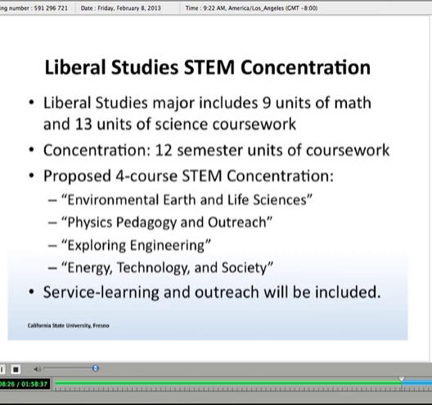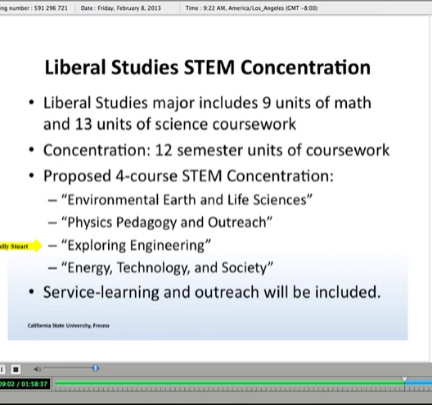A concentration area consists of 4 courses: a lead-in course from the major, and 3 electives. And our team is currently considering the 4 courses shown here for the new concentration. We see environmental, earth, and life sciences; physics pedagogy and outreach, which you'll hear a little bit more about; exploring engineering, where we have a team of 4 faculty in the Lyles College of Engineering who are representing their particular area of engineering and are working on this, along with science education faculty person, Fred.